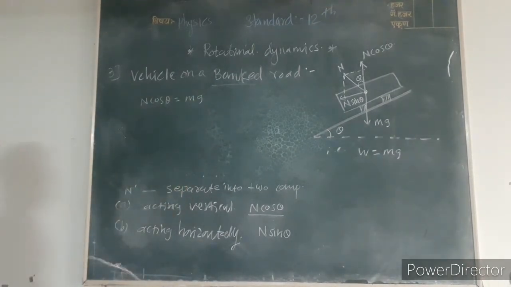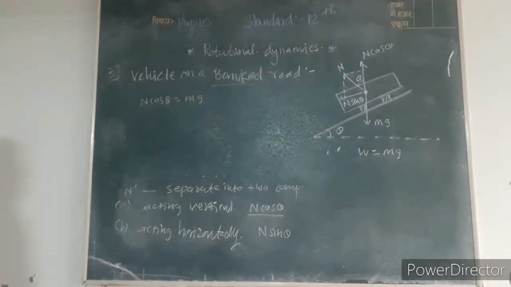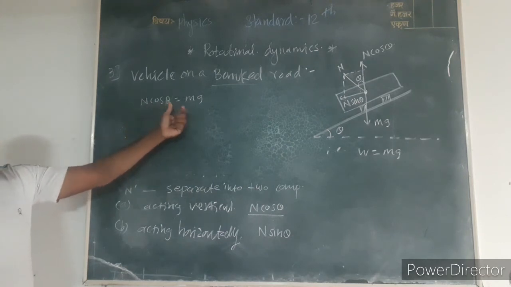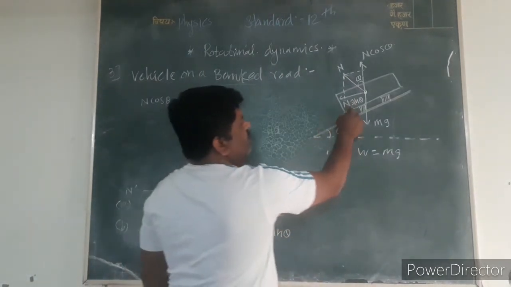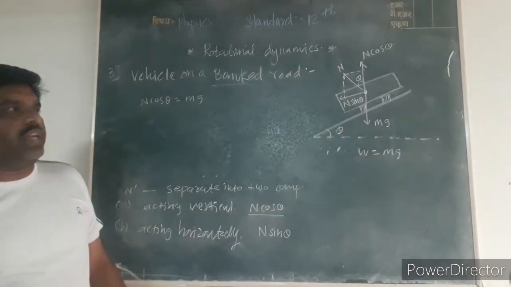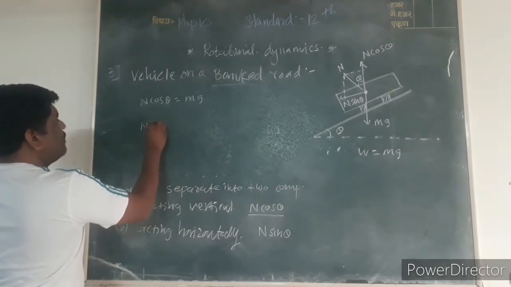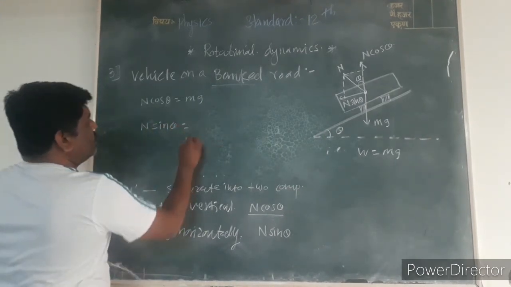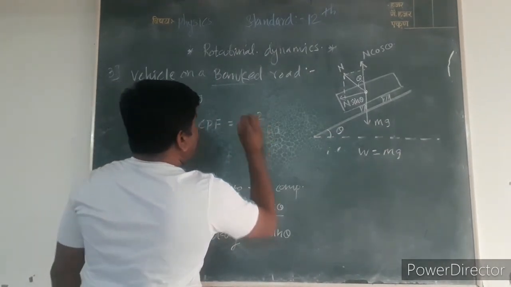The role of N cos theta is to balance the weight of the car. Now the second component, the horizontal component N sin theta, acts as the centripetal force. Hence N sin theta is equal to the centripetal force, mv square upon r.